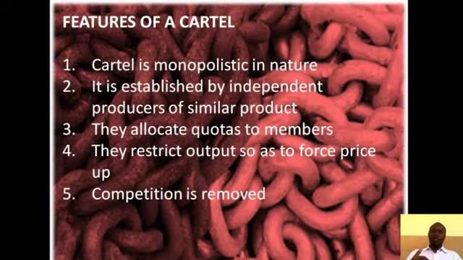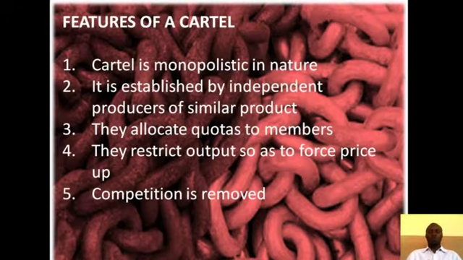Let's say Mr. A, B, and C are producing similar products. Mr. A will want to do anything possible to gain a very good control over the market. Remember, profit is the motive. So Mr. B and Mr. C will do likewise. And by so doing, they end up producing what we call substandard products. And now the price here tends to encourage the customers to buy more.